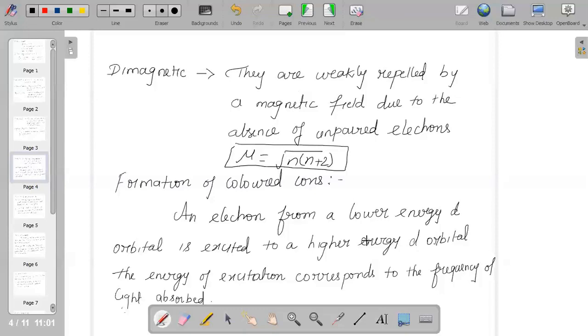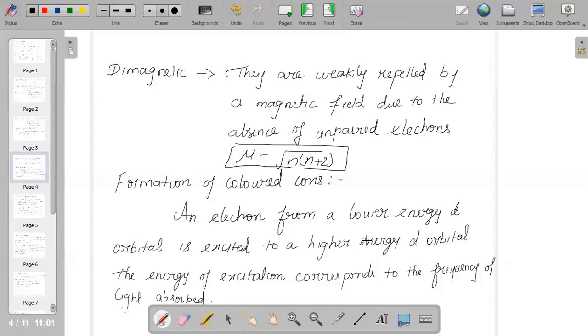And this is because the color of the transition metal is because of the presence of unpaired, or we could say incomplete, d orbitals. The presence of color on the transition metal is because of unpaired or incomplete d orbitals and the absorption of visible light.